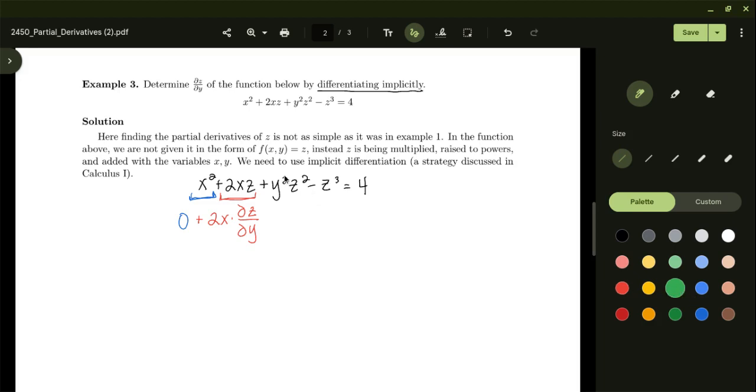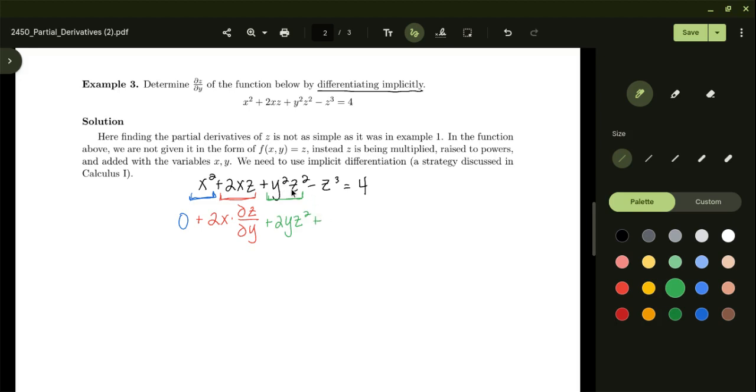Now the next term is a little bit trickier because we have y squared z squared. So therefore we have a term of y with a z, which again is a function in terms of y. And so here is where we're going to have to use both the product rule and the chain rule. And so here, first thing is using the product rule, take the derivative of the first part. So y squared with respect to y, that derivative is 2y times z squared.